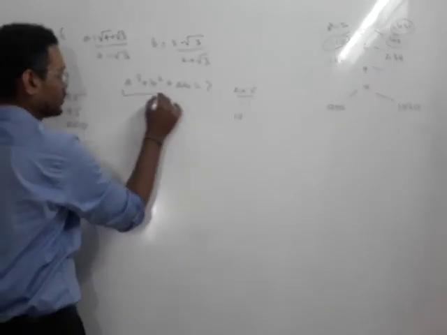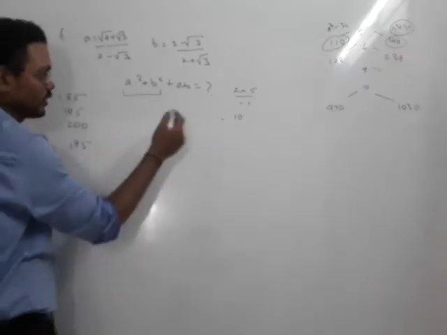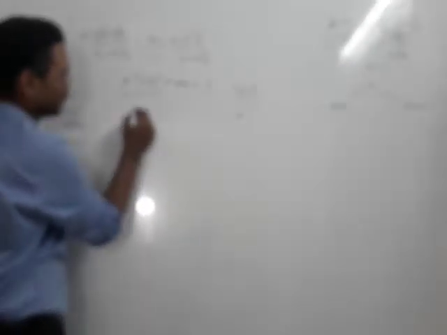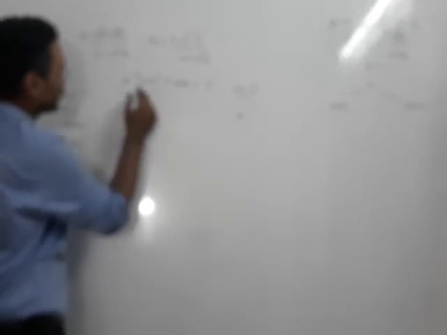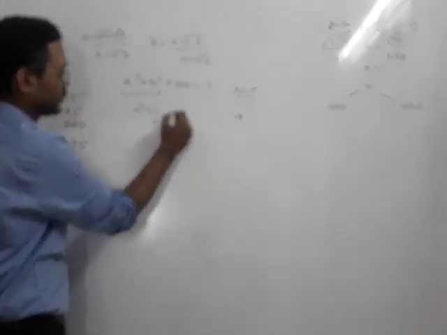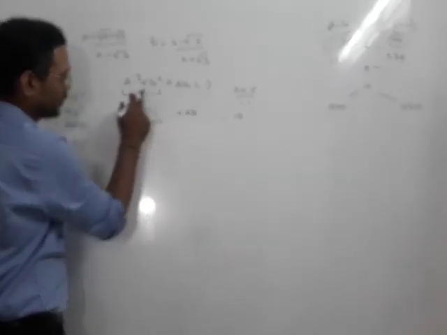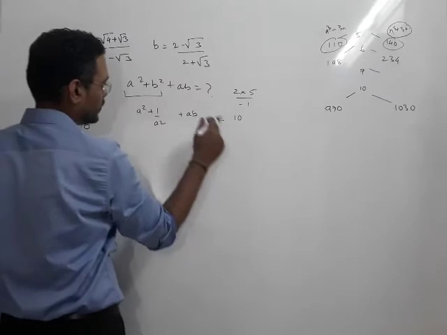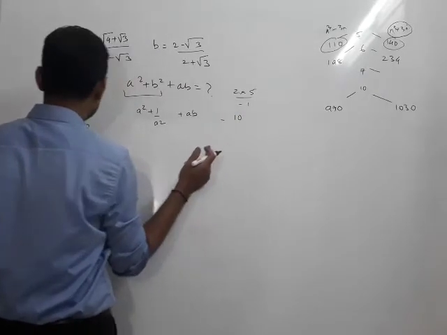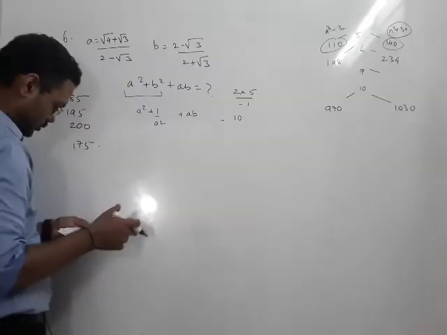Even if you take minus 10, the answer will be the same because we have to do a square. They have asked for again A square plus 1 by A square plus AB. A plus 1 by A is 10, so its square will be 100.